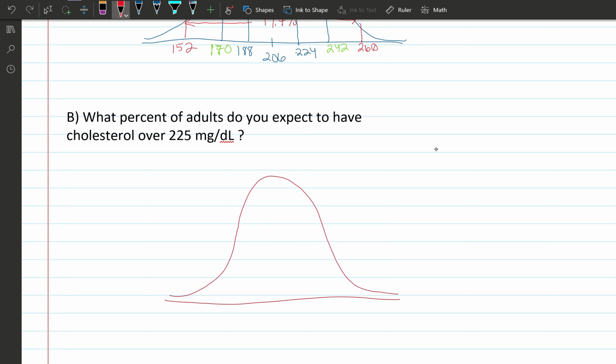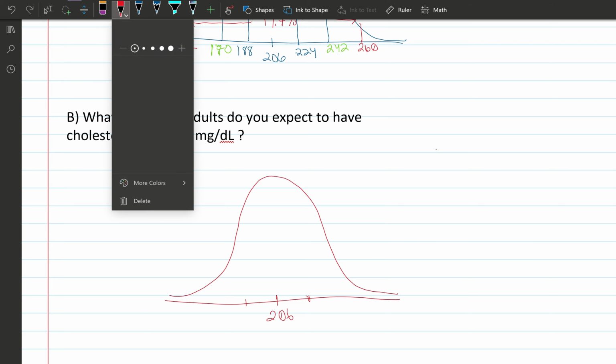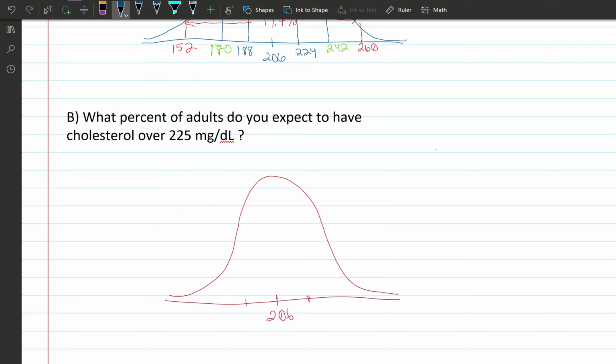So as you recall, our 206 was the mean cholesterol level. We had one standard deviation at 224 to the right and 188 to the left. However, in question is cholesterol levels over 225.